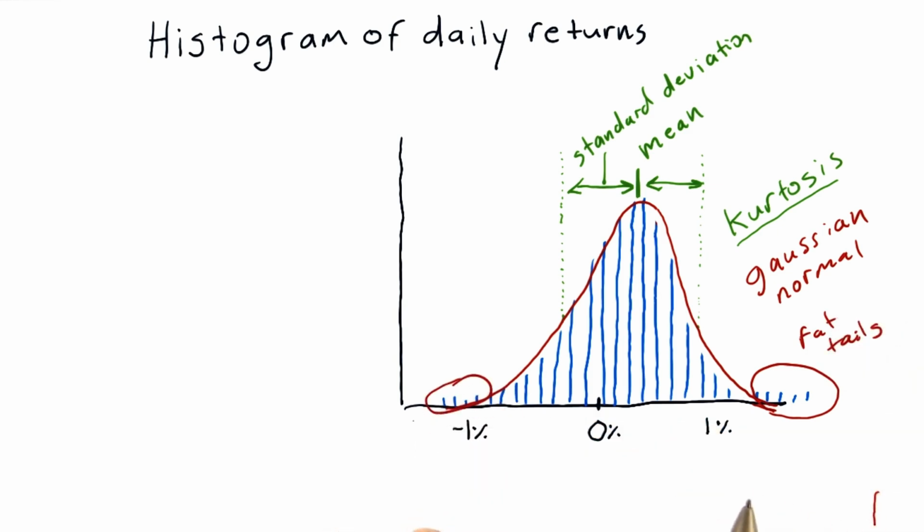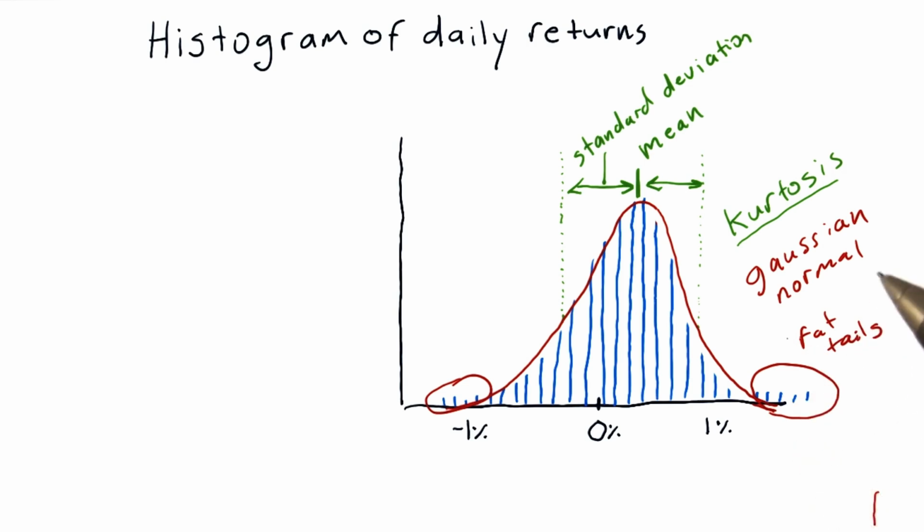What that means is that there are occasional large excursions, more frequent than would happen if we had a regular Gaussian distribution. If you were to measure the kurtosis of this histogram, you would get a positive number, meaning that there are more occurrences out in these tails than would be expected if it were a normal distribution.